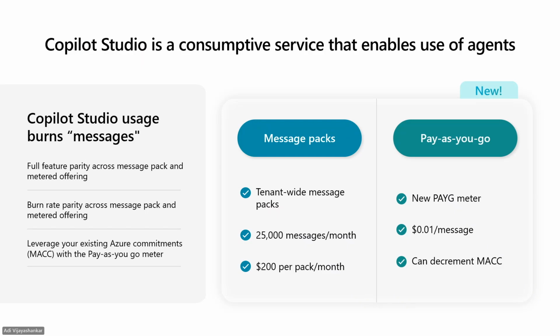So it's a bit more cost per message, but you don't need to commit to the full pack. These are the two standard options that you can go for using Copilot Studio messages.